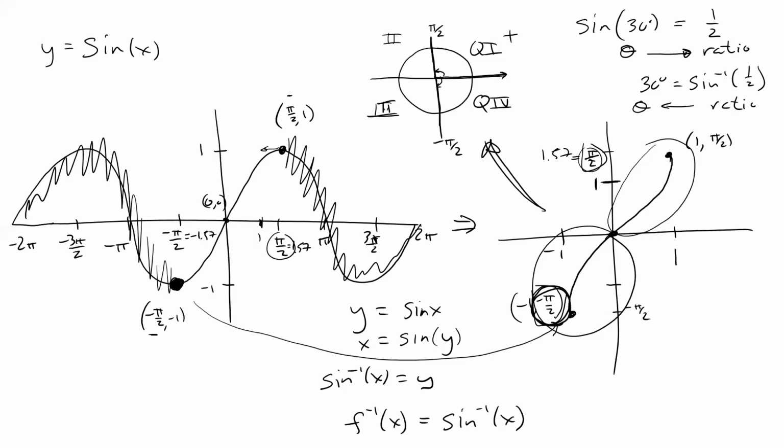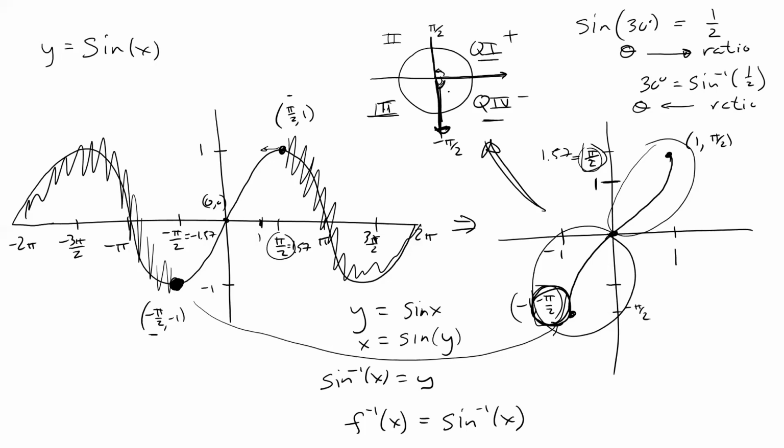But negative pi over 2 is actually going negative angle on the unit circle, and we're stopping when we get to this part right here. So the inverse function for sine only operates in quadrant 4 if it's negative, quadrant 1 if it's positive, but the angle measurement's negative. We good? So we go from negative pi over 4, negative pi over 3, and negative pi over 2. That's kind of our scale for sine.